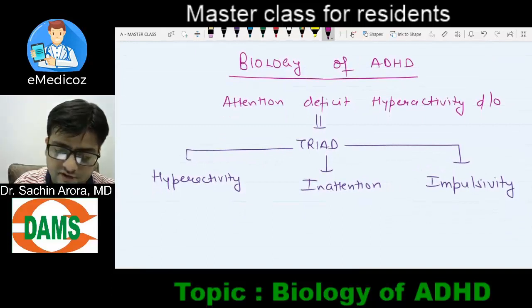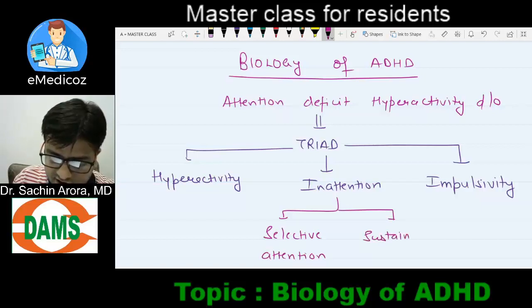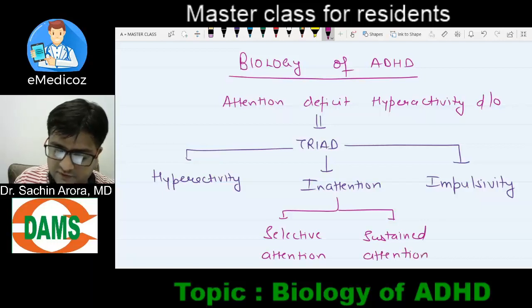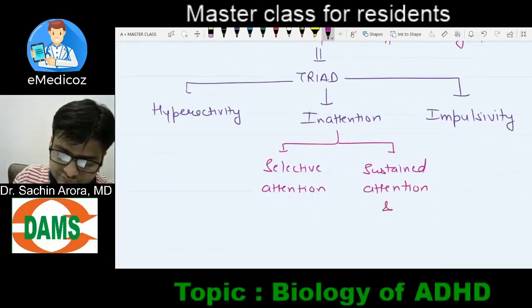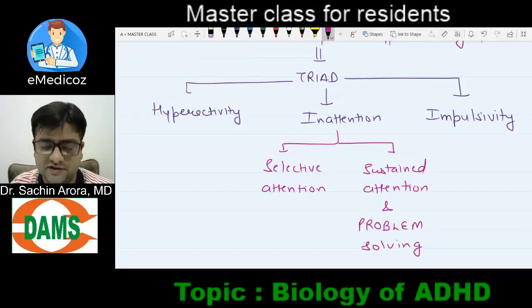Now, taking you further, inattention is again selective attention, sustained attention, and problem solving. So all these symptoms are linked to different parts in the brain.